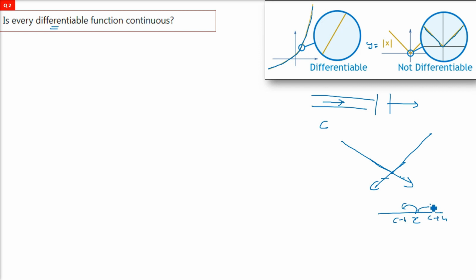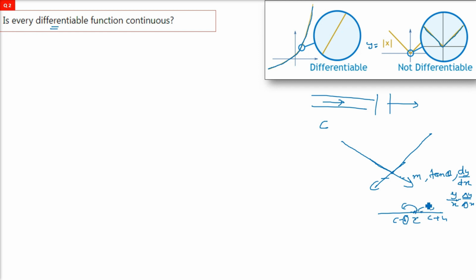If you want to check at c, then you find c minus h and c plus h, and if both values have the same tangent, that is the same value of m equals tan theta, dy by dx, or del y by del x, then we call that the function is differentiable.